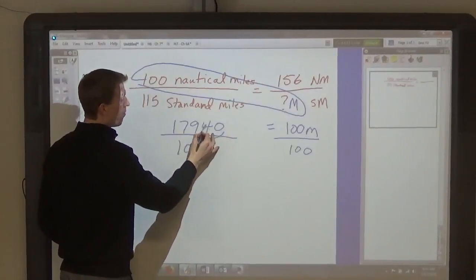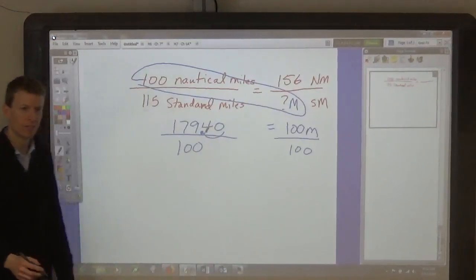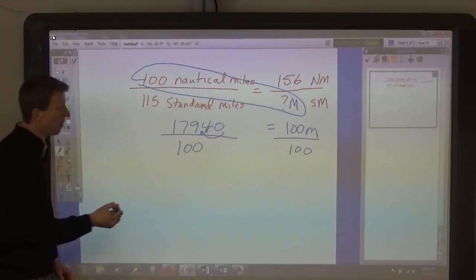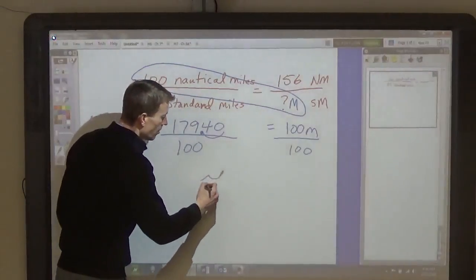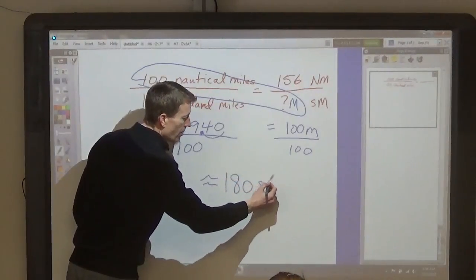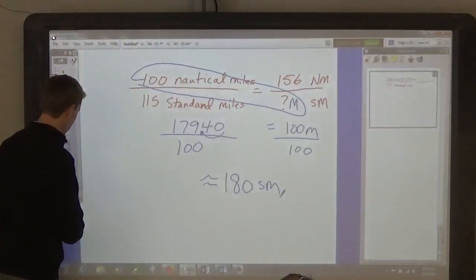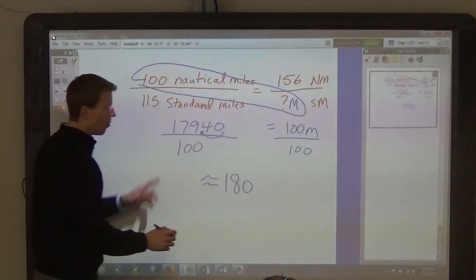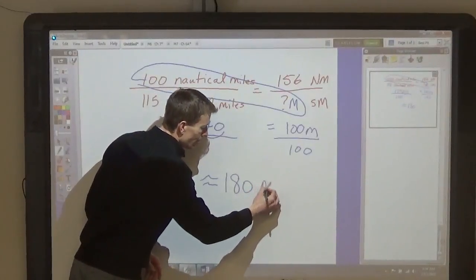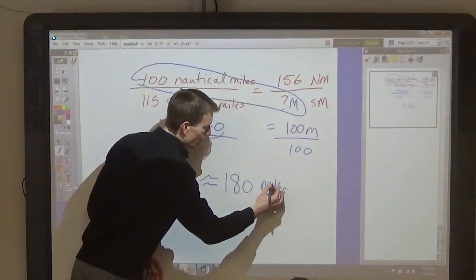But you can move the place 2 places over. When you're dividing by 100, you're just moving the decimal place over. So it's about 180 standard miles. But in the book it says 170. Yeah, 179.4. Oh yeah, that makes sense. I forgot.